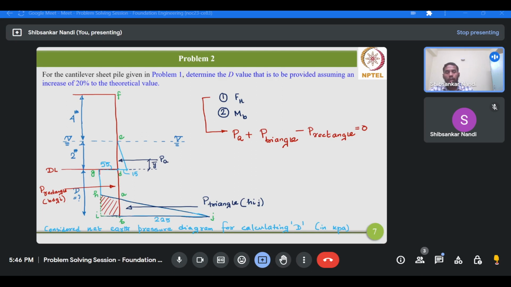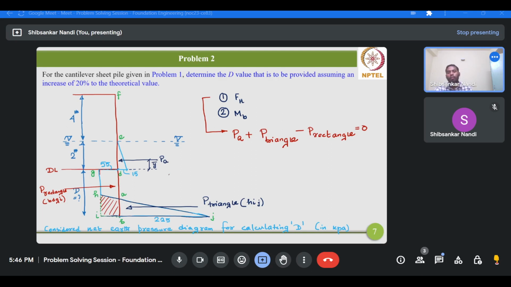So positive and negative will basically balance each other, and therefore it will not create any problem for the force equilibrium condition in the horizontal direction. Okay, so the entire distribution we have basically split in this fashion.